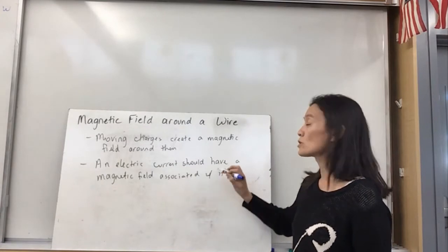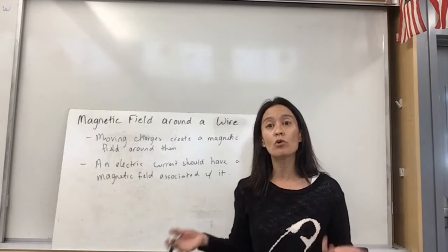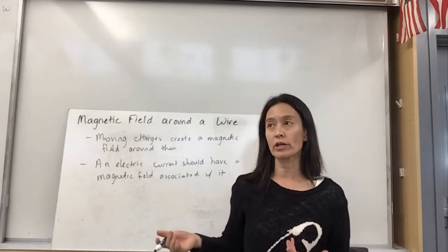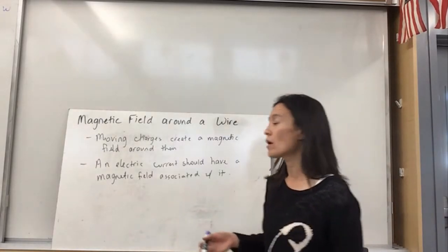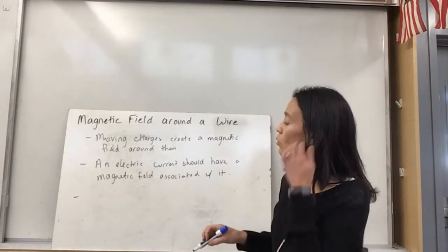And we see this because if we have a whole bunch of electrons moving, so if we have a high current, we're going to have a noticeable magnetic field around that current. Now, there are some nuances about the way this magnetic field is formed around the current of a wire.